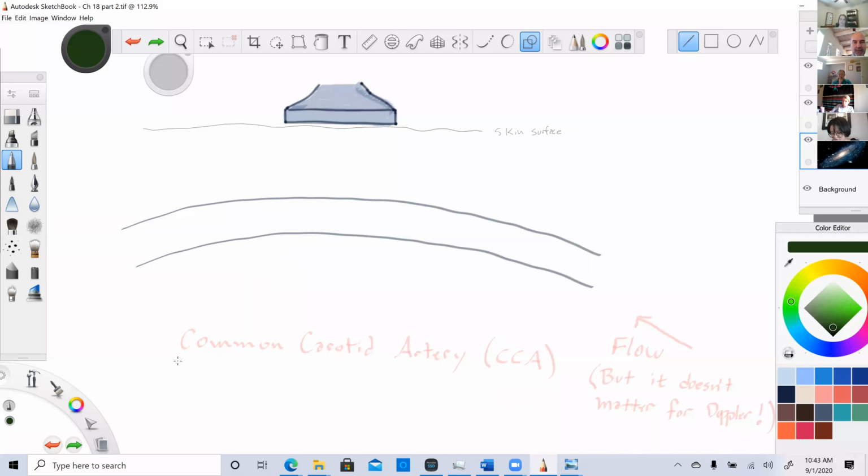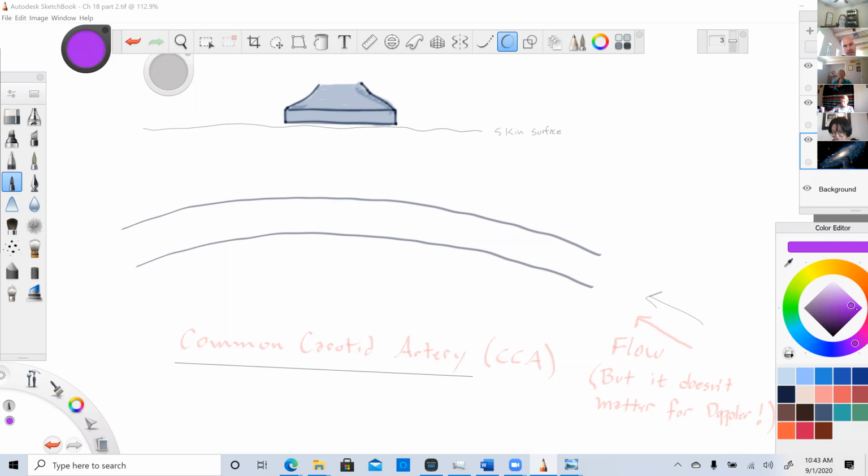Okay, so this is a common carotid artery here. The flow on our screen is going in this direction. Let's use purple. It does not matter what I'm talking about right now when it comes to changing the box direction.